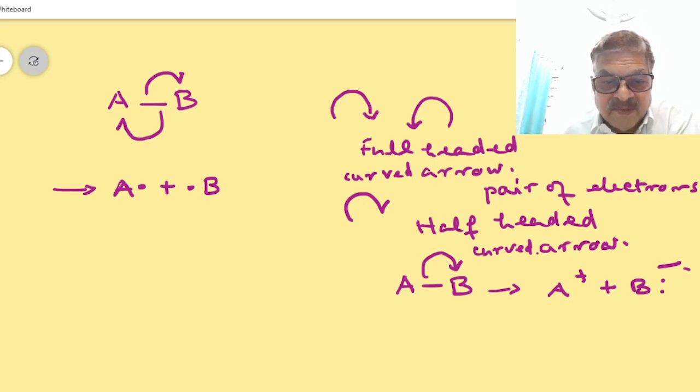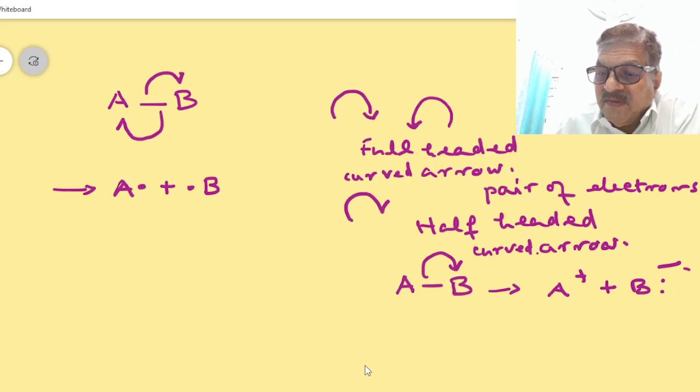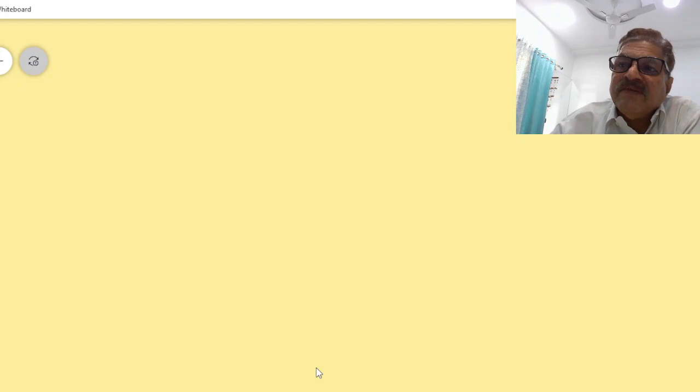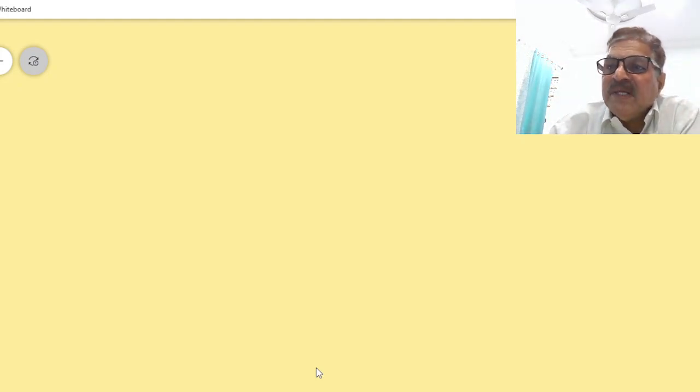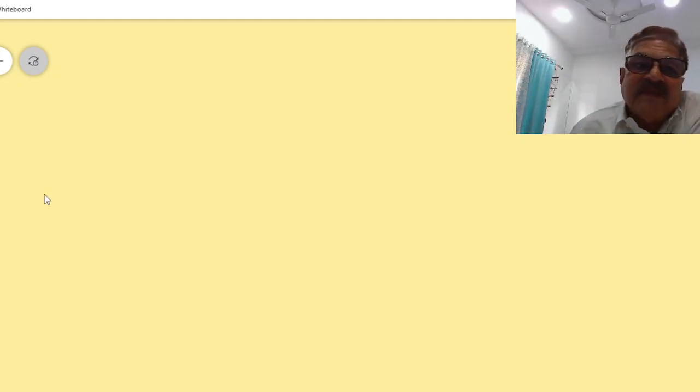Now let us examine the homolysis of a C-Z bond. One bond I will just draw here, a C-Z bond. We have been talking about three different ways, so let us see. Three reactive intermediates arise from homolysis and heterolysis of a C-Z bond.